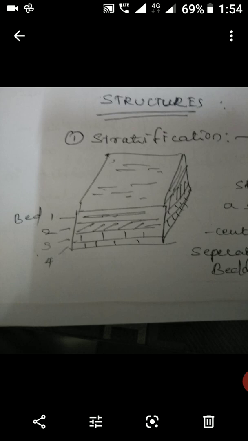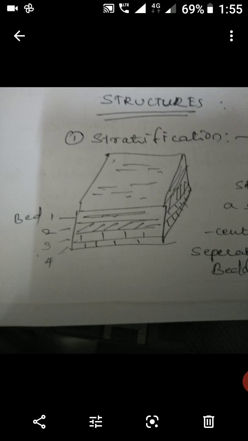Stratification: the deposition of sediments into layers or beds is called stratification. The thickness of a single bed may vary from a few centimeters to kilometers. The layers are separated by planes of weakness called bedding planes.